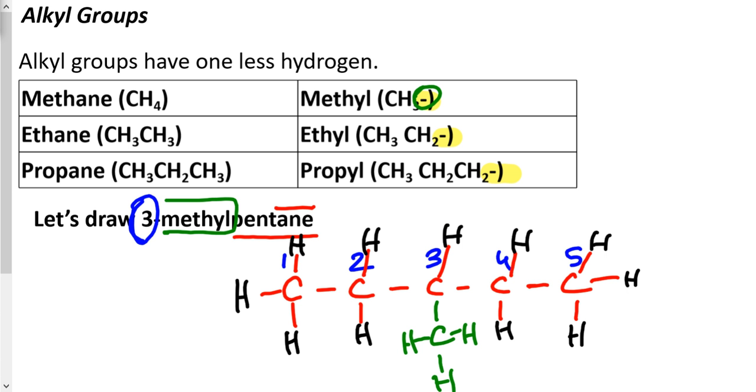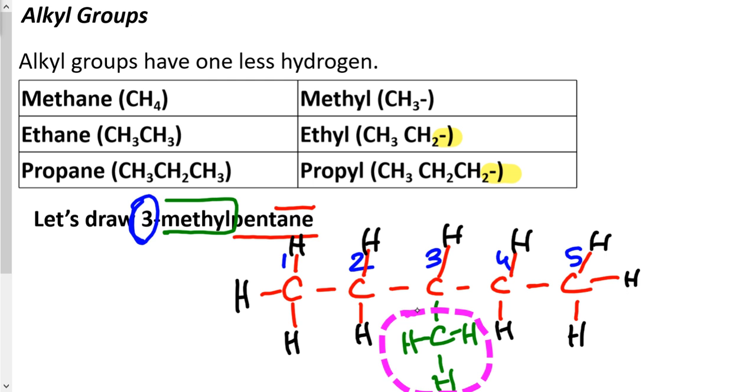So I drew all the hydrogens, but I drew hydrogens from the methyl group in a slightly different color, which obviously you don't have to do. However, the reason I did it is because I want you to realize, if you focus on the methyl group, what exactly do you see?